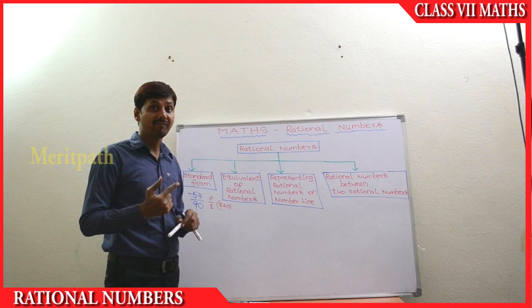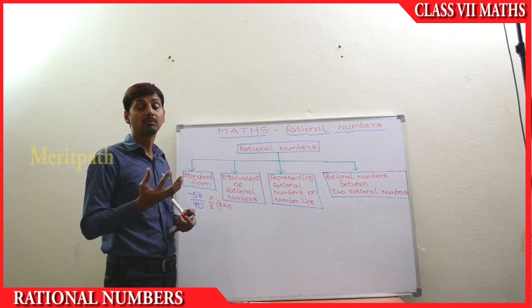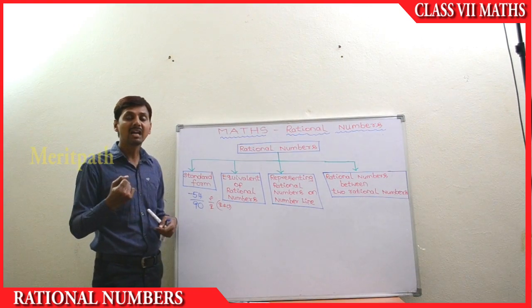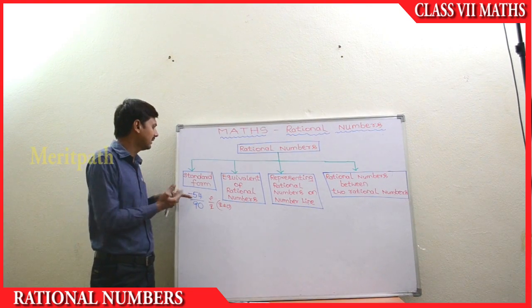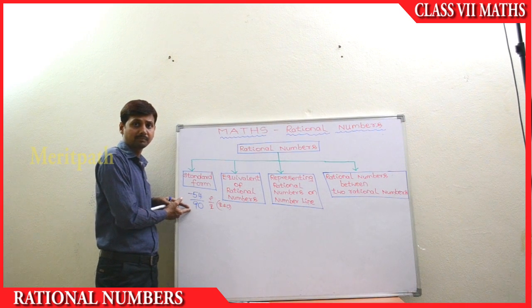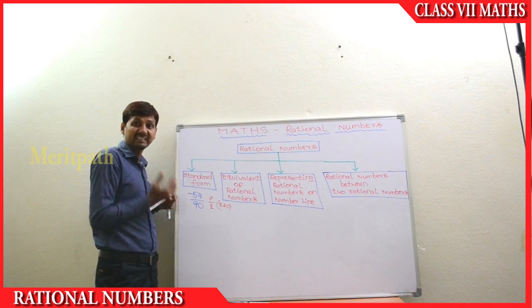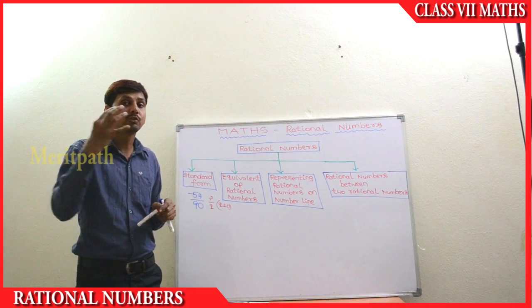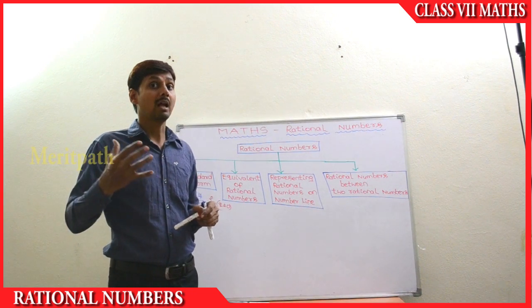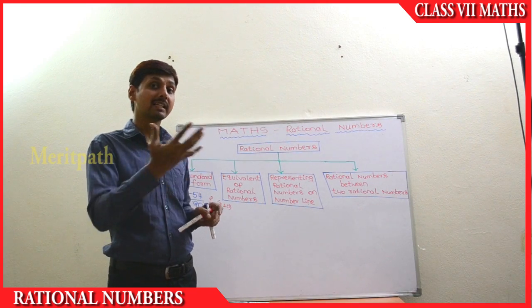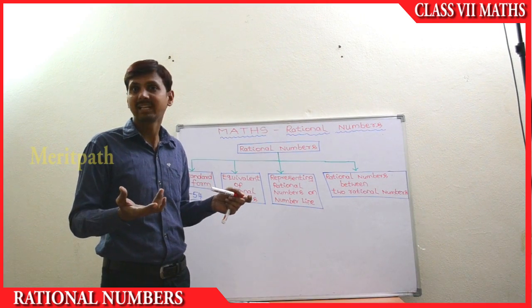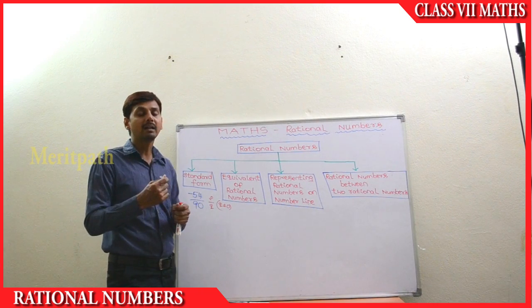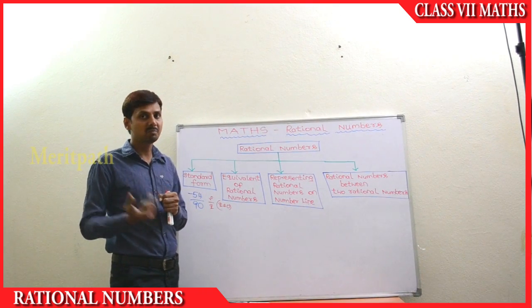Also, if there is a negative sign in the denominator, we need to take it to the numerator, so that the denominator does not have a negative part. If both the numerator and the denominator have negative signs, then we simplify them: minus divided by minus, and we write it as plus.